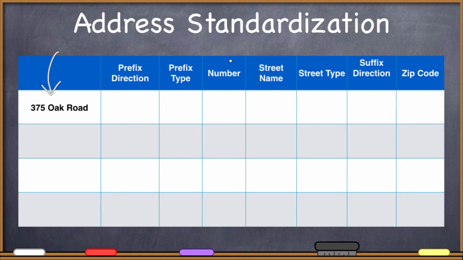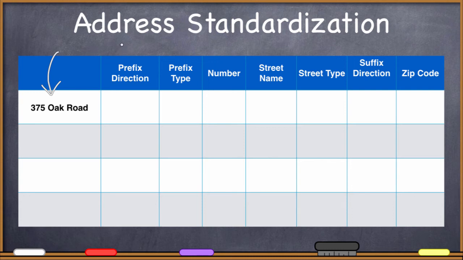An address, here again, this is United States specific. Addresses here in the United States can very frequently be chopped up into these component parts. And so we have all of these different component parts here. So what do these mean? Well, here we have a prefix direction. What is a prefix direction? This is the direction indicator that comes before the street name.